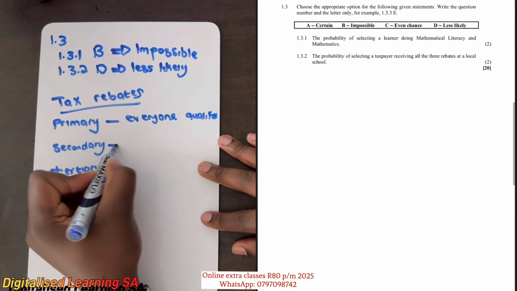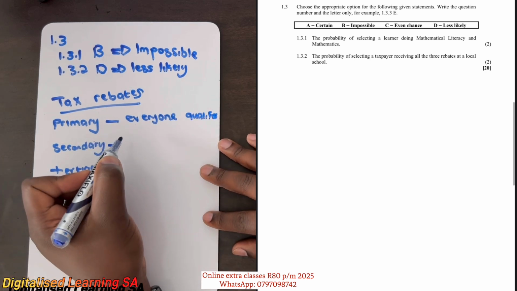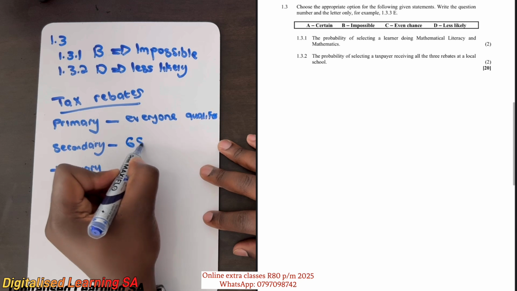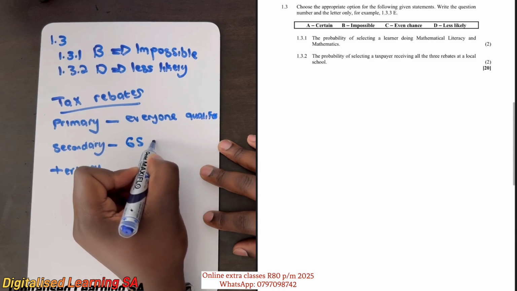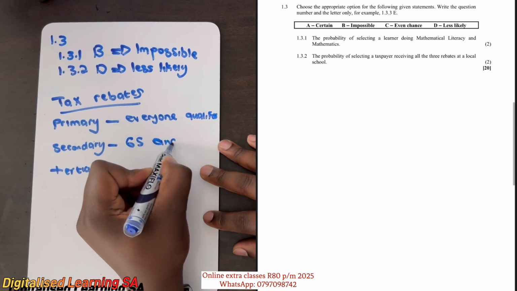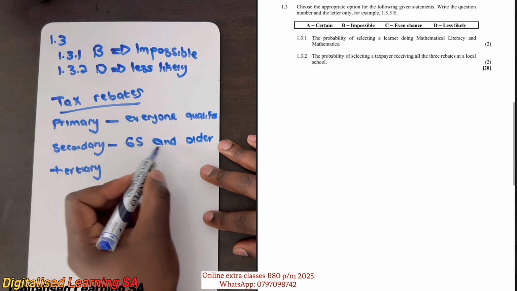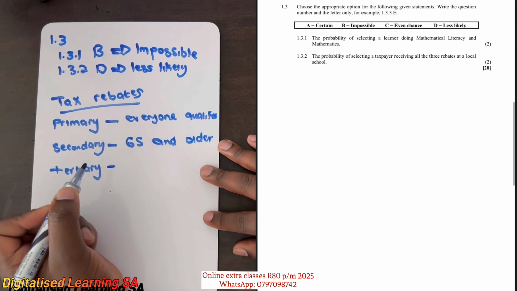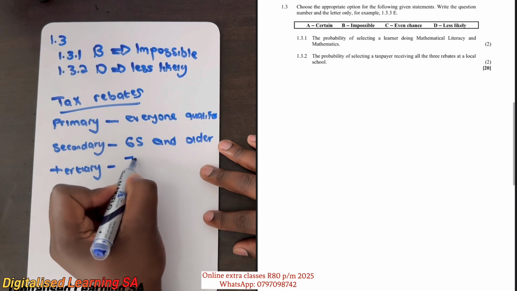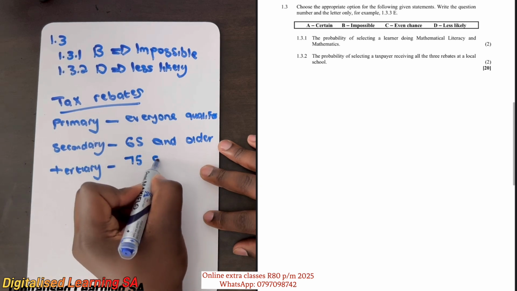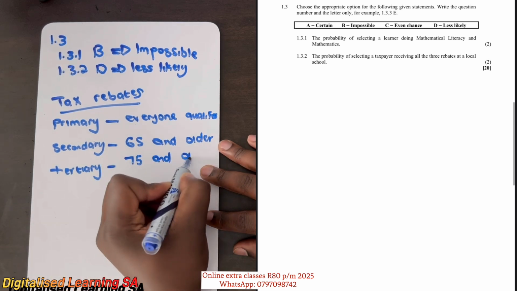Okay, so the secondary rebate, only workers who are 65 years and older qualify. Only workers who are 65 and older qualify. And the tertiary one, only workers who are 75 years and older qualify.